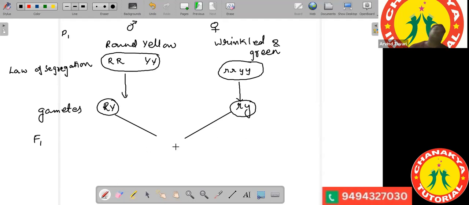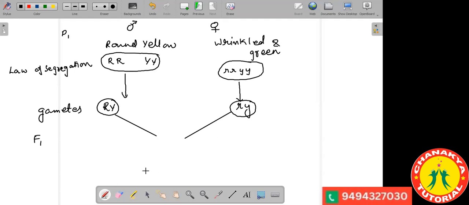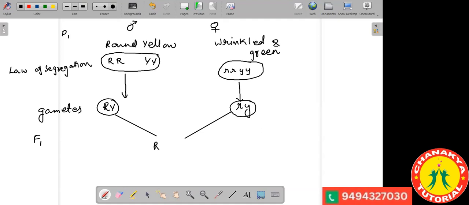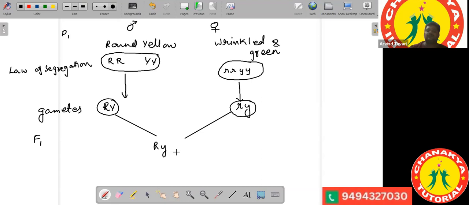Vedika, what genetic makeup will be there for the F1 generation? Sir, capital R and small y. Is this okay, or is there anything left?